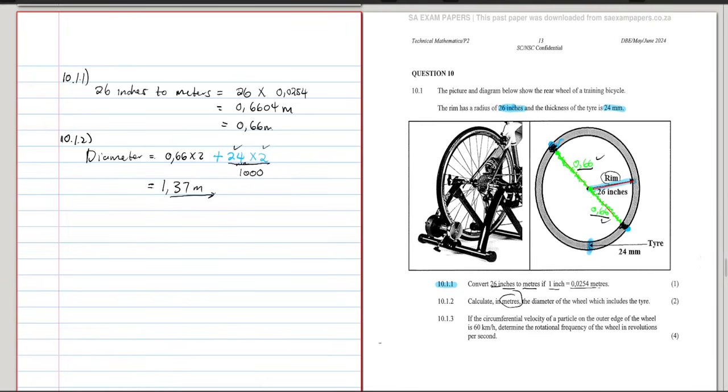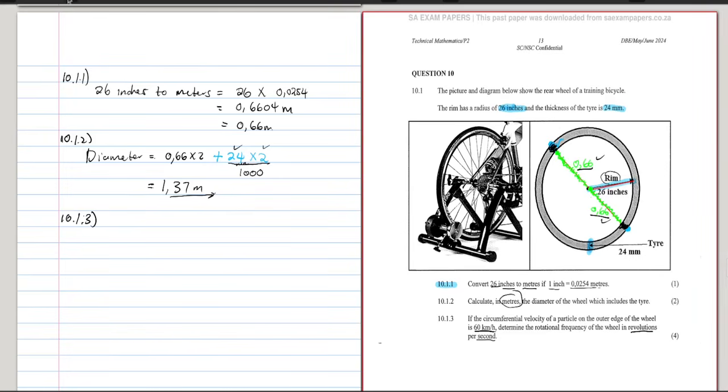That's the diameter. Then for 10.1.3, if the circumferential velocity of a particle on the outer edge of the wheel is this, determine the rotational frequency of the wheel in revolutions per second.